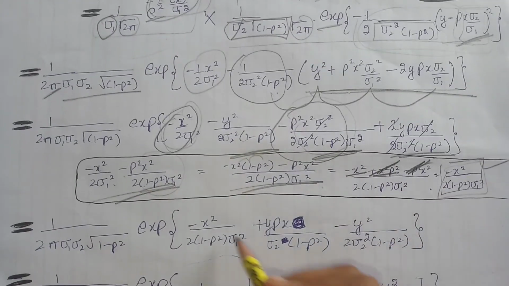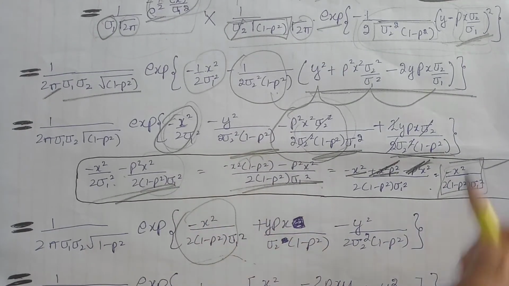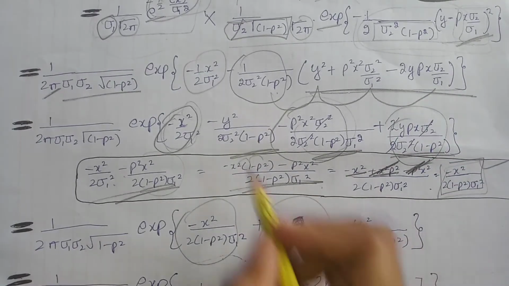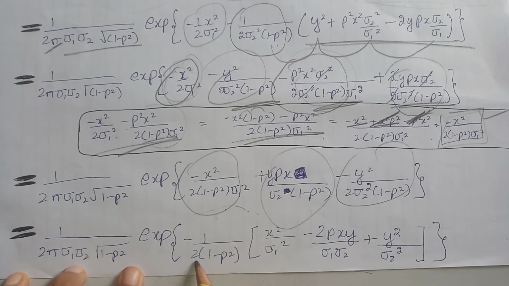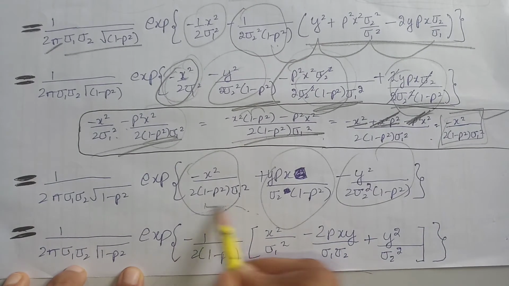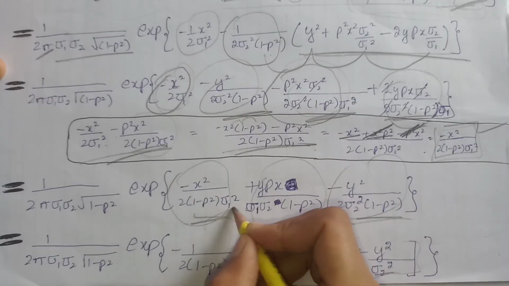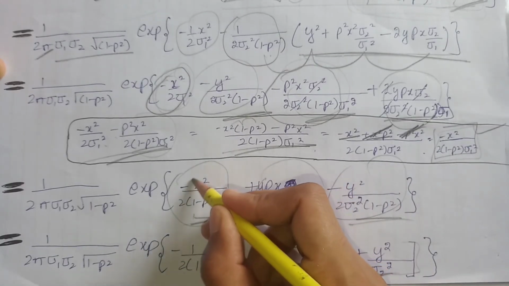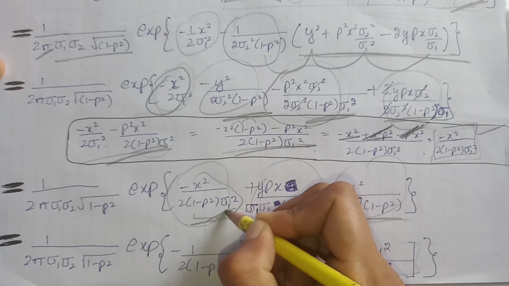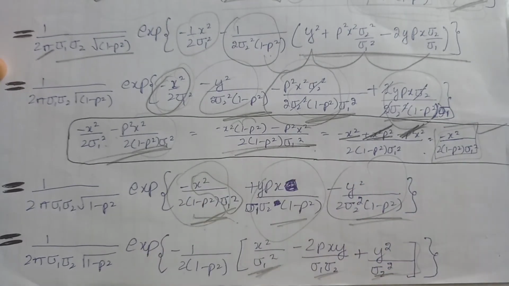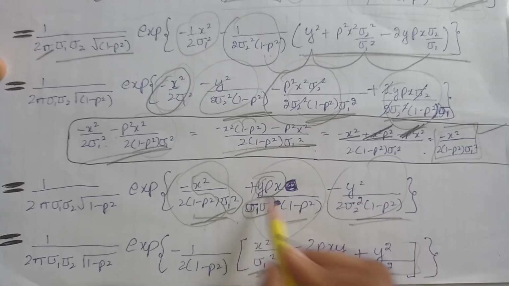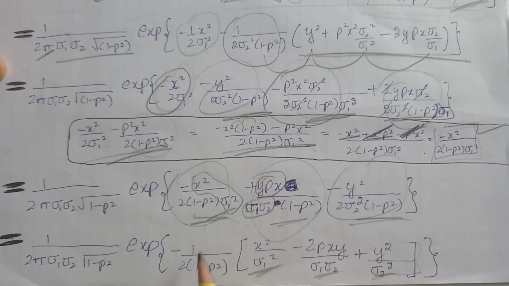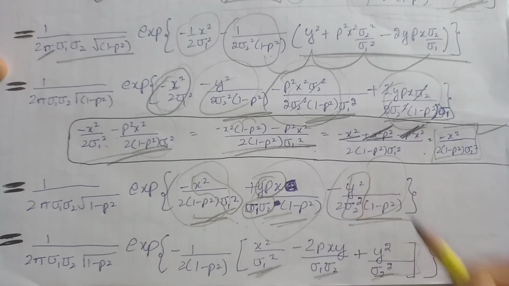So firstly we write this value, then plus this value, then this value. Now we will take common minus 1 divided by 2 times 1 minus rho square from these three terms. That means here we are left with only x square divided by sigma 1 square like this, and here we are left with this divided by this term multiplied by minus 2, because we take 1 divided by minus 2 common from this term, and here we are left with this divided by this value.